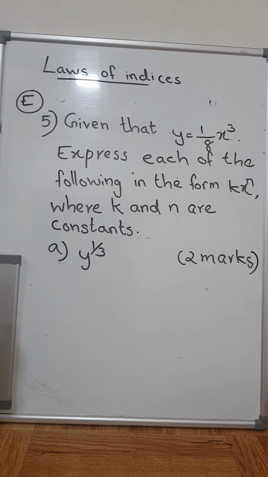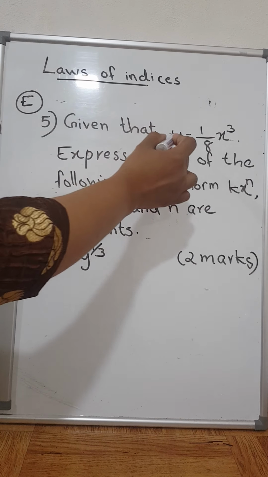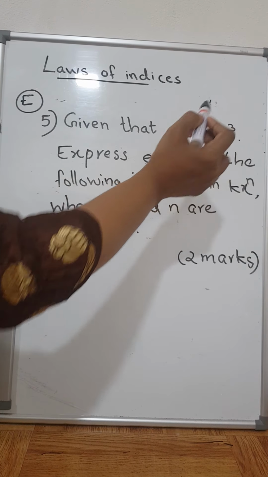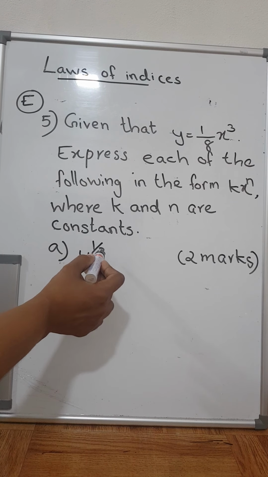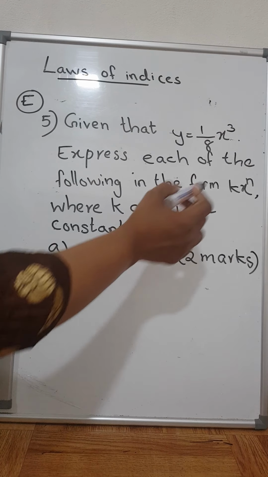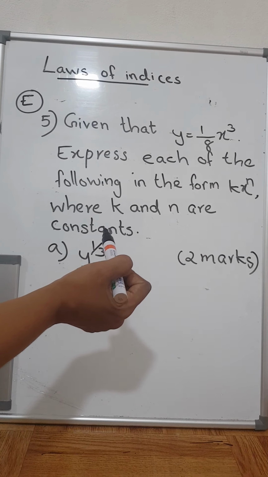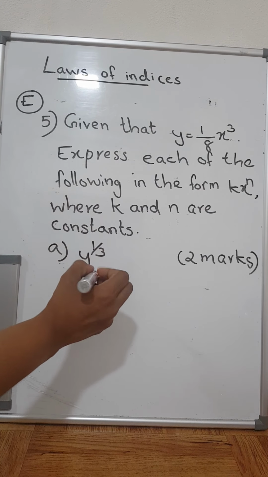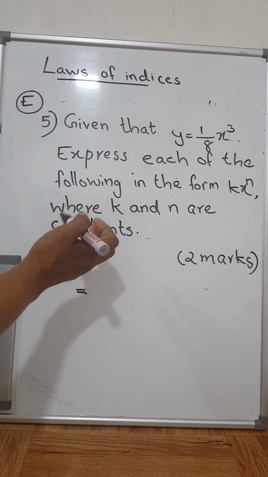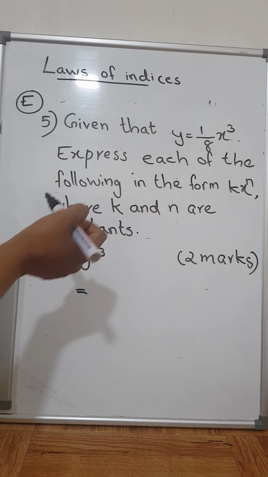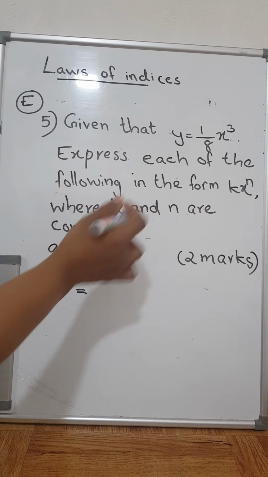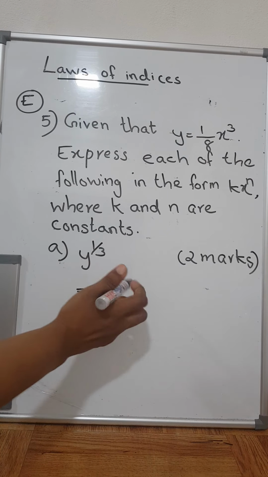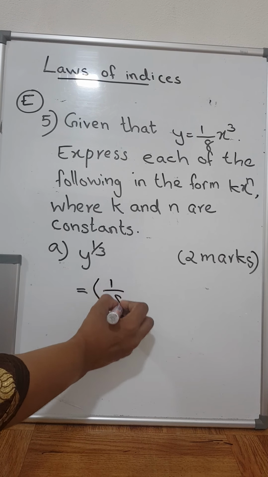See, what's the question? Did you understand? y is given as 1 by 8x cubed. We have to find an expression for y to the power 1 by 3 in the form kx to the power n. So let's try to represent y to the power 1 by 3 in that form. Here, y is 1 by 8x cubed, so we can replace y by 1 by 8x cubed.